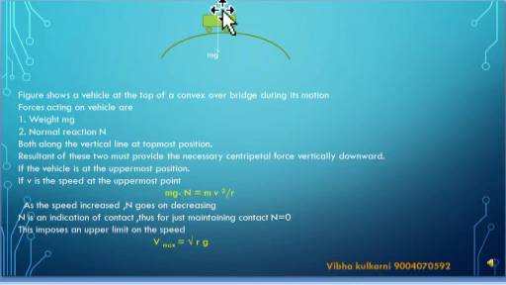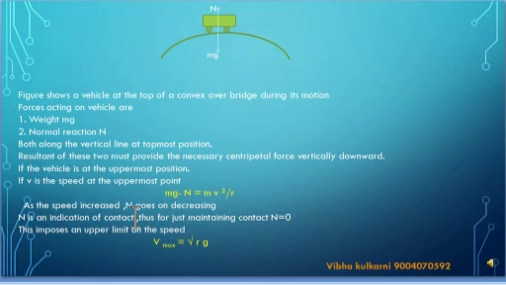So both act along the vertical line at the topmost position. The resultant of these will be provided by the centripetal force, which is vertically downward towards the center. If v is the speed at the uppermost point, then mg minus n is equal to the centripetal force, that is mv square upon r.